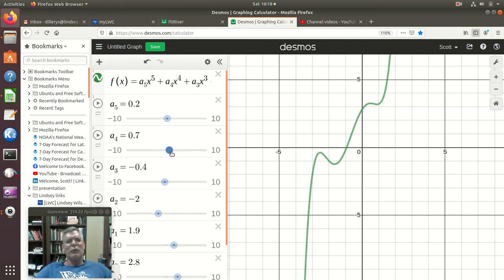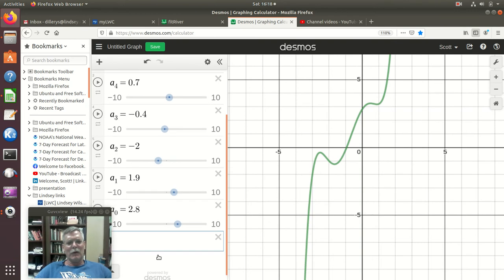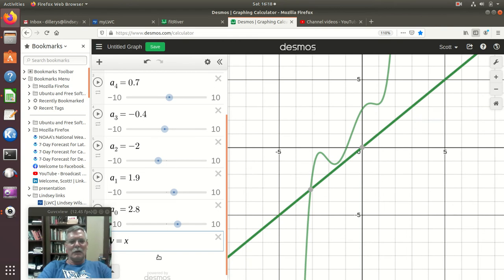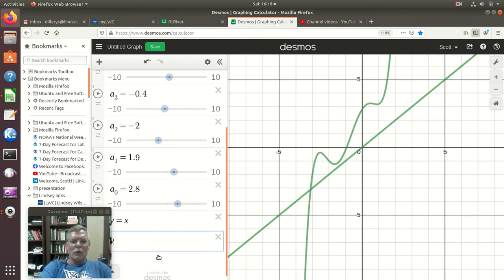And so let me put a couple other functions in there. Let's put in y equal x, and we'll do y equal x squared.